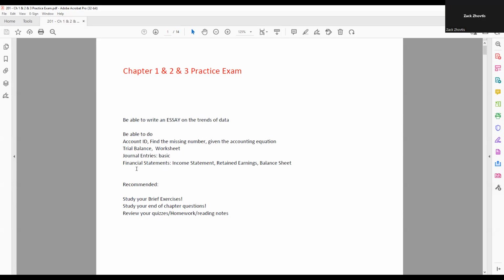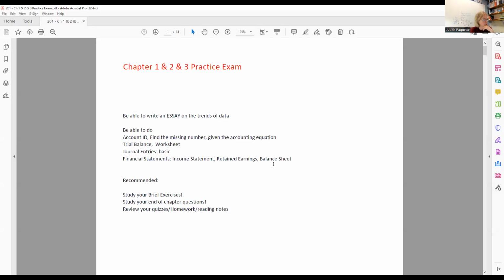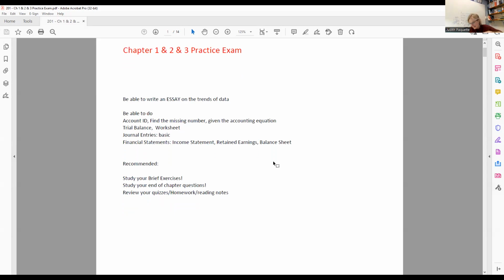Journal entries, know the 13 journal entries in chapter 3, know how to do your financial statements. I like to tell students to go to the back of the chapter because it does have the solutions back there. Go back to Wiley.